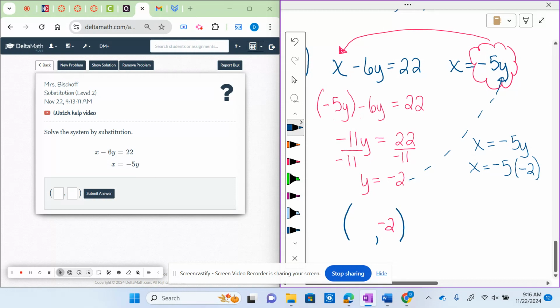What's a negative times a negative? A positive. So x equals positive 10, sorry. So where's that going to go? Plop it right there. So my solution for this one is 10 comma negative 2.